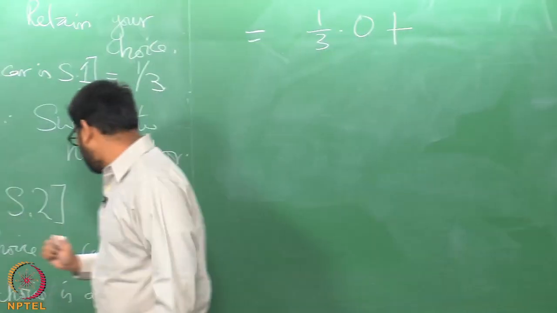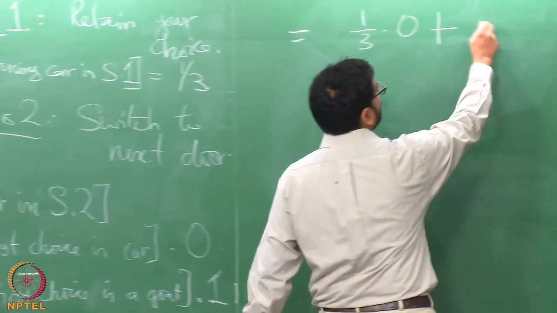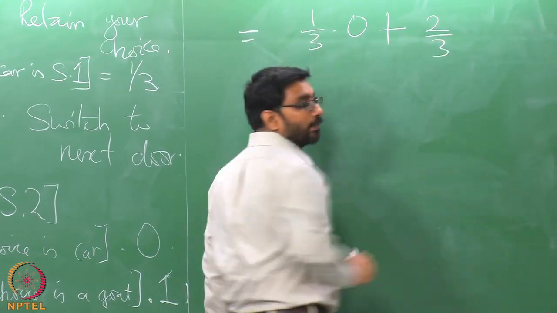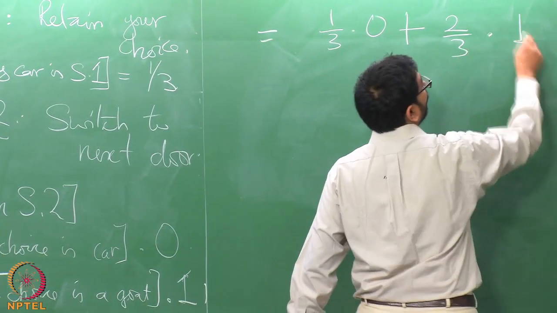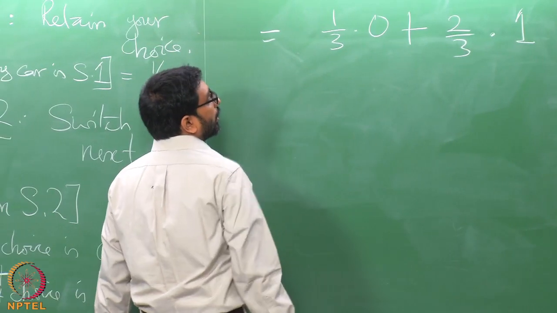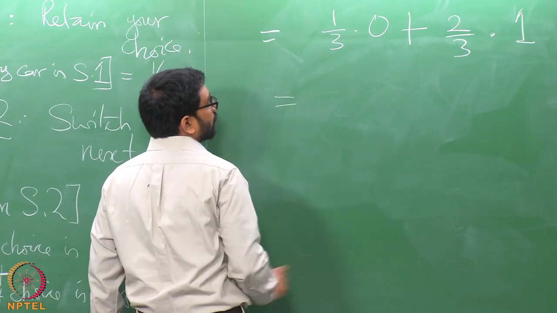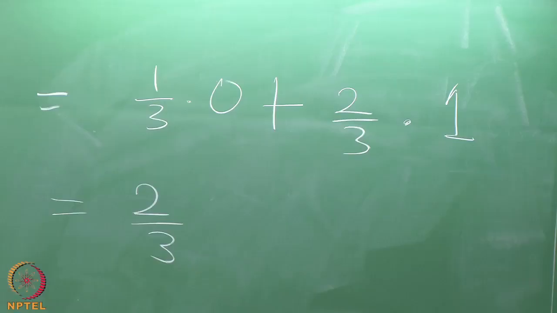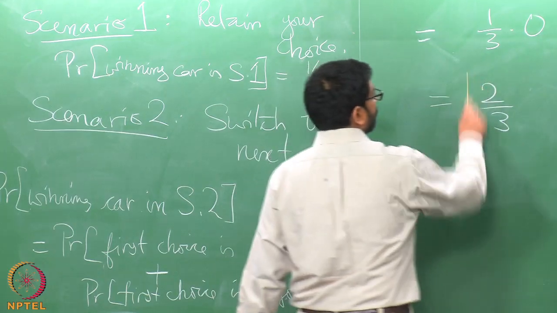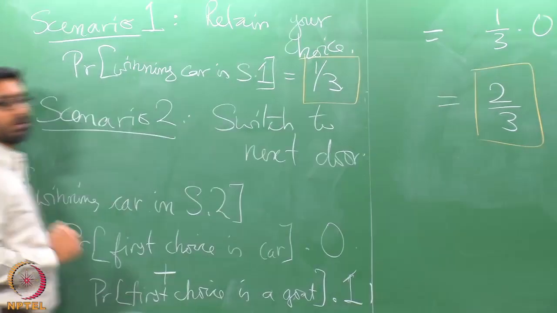And the second option is that the first choice is a goat, and that happens with probability 2/3. If that is the case, you necessarily win the car, with probability 1. So, this works out to be 2 over 3.